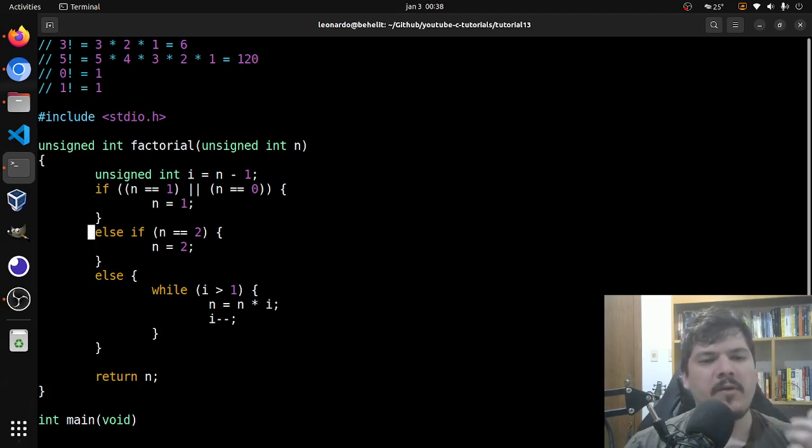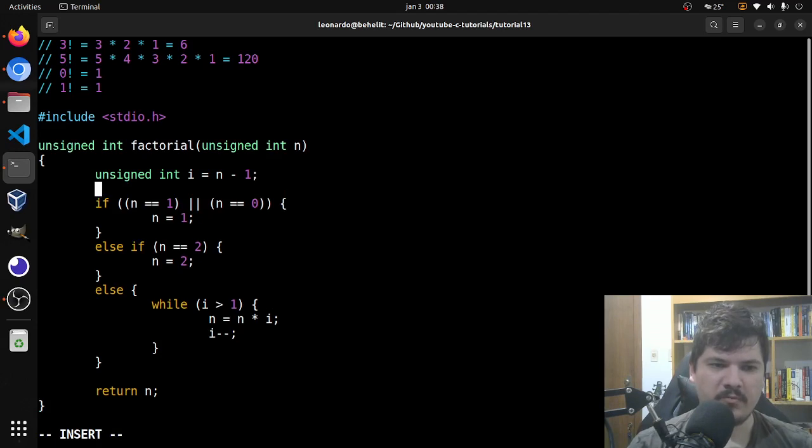And here I already implemented the factorial function without using recursion. As I mentioned, it only works for positive integers, so I declare it to return an unsigned int, and it receives an unsigned int, which is a positive integer.